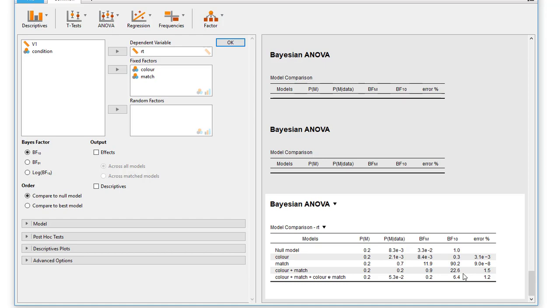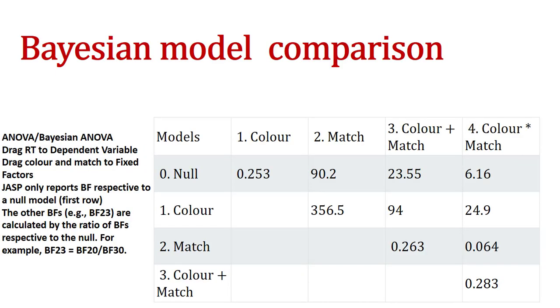So when the marginal likelihood of two Bayes factors is the same, the ratio of these two Bayes factors is a Bayes factor. So that's what I did here.